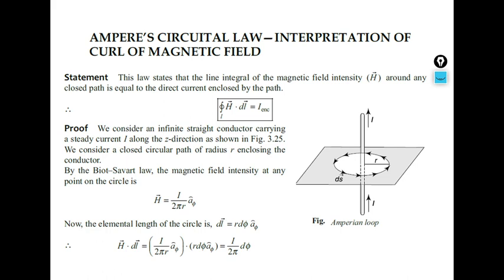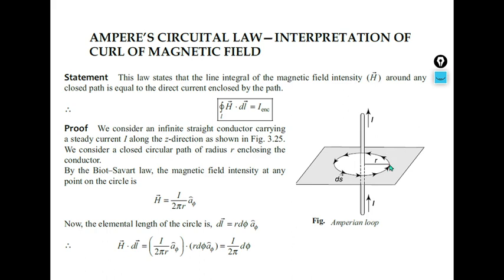So now you can see that if I take this small length, B is also parallel to this path, or you can say that we can take a tangential length, right?